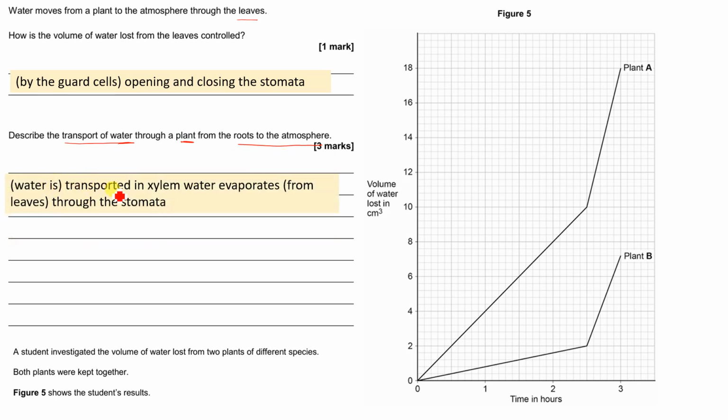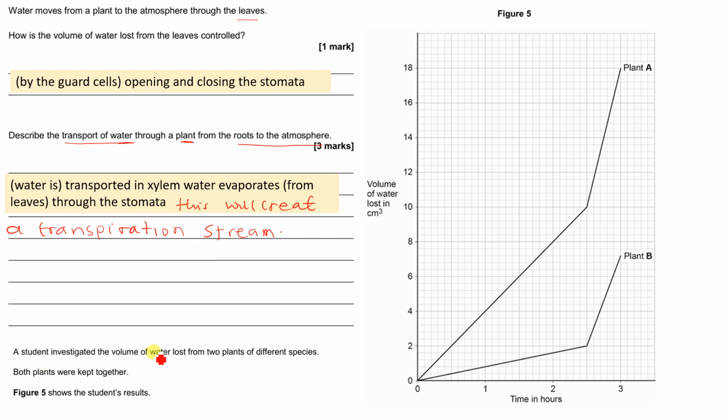So water is transported in the xylem. Water evaporates from the leaves through the stomata. So that will create a transpiration stream. Take note of this, please.